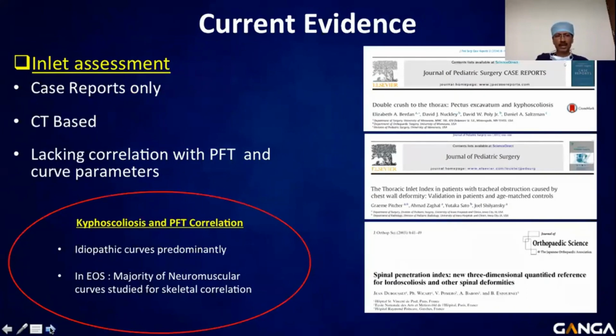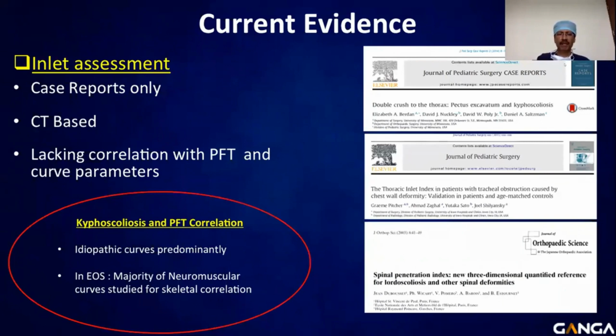Now, when we went back and saw what the literature says on this important topic, we found that there was a lacuna. There were only case reports, or most of them were assessing by CT, which is not very ideal in these young children because of the problems of irradiation and additional cost.